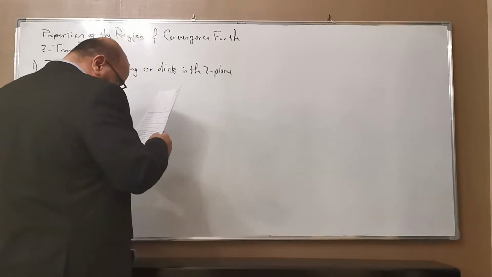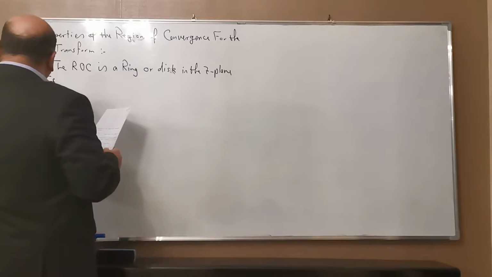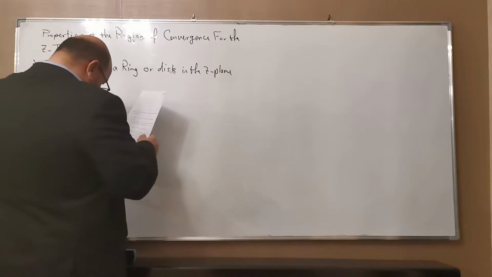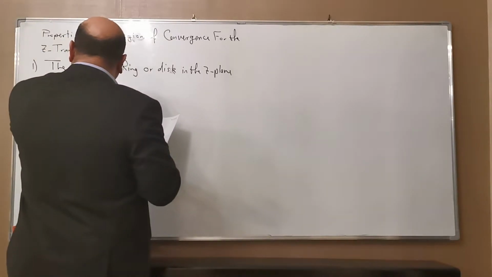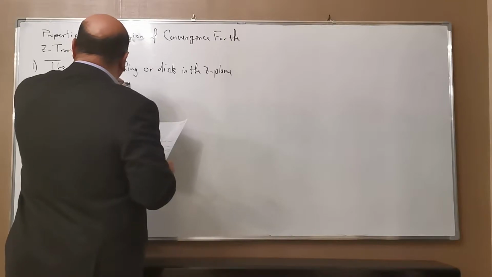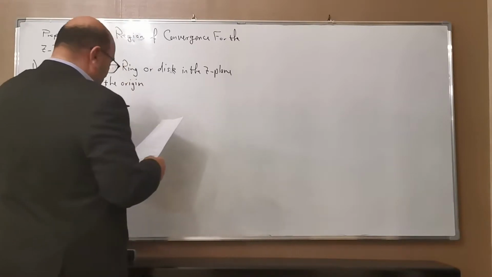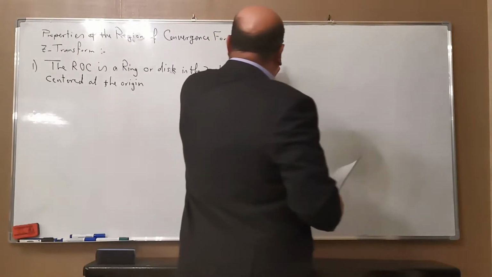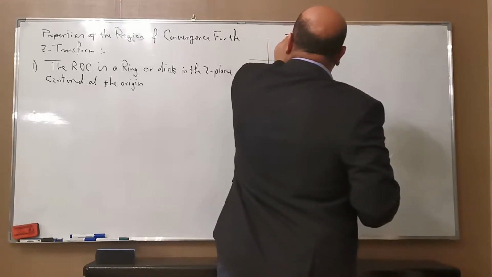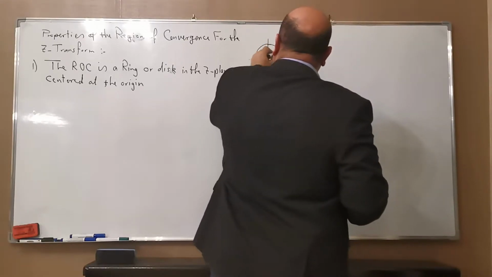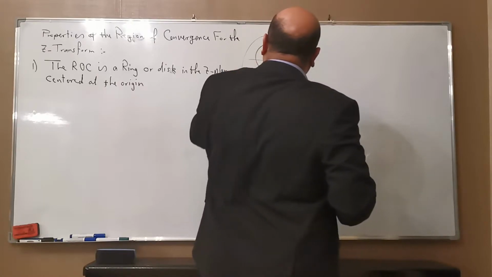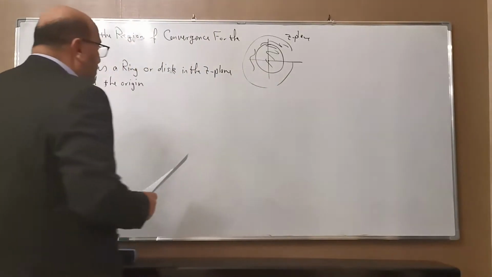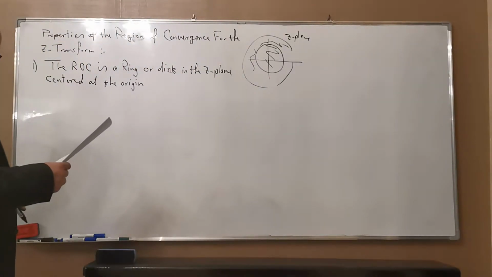So it's a ring or a disk in the Z-plane centered at the origin. Okay. إذا ال ROC دائما عبارة عن Z-plane. It's either a disk or a ring somehow, so centered always at the origin. Okay, so this is the property number one.